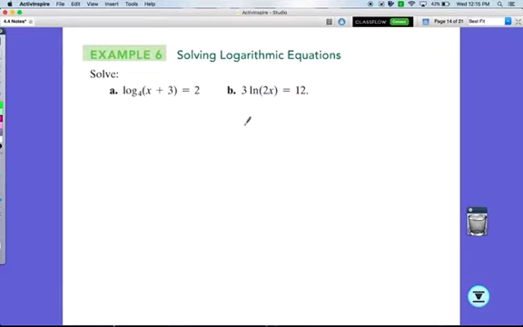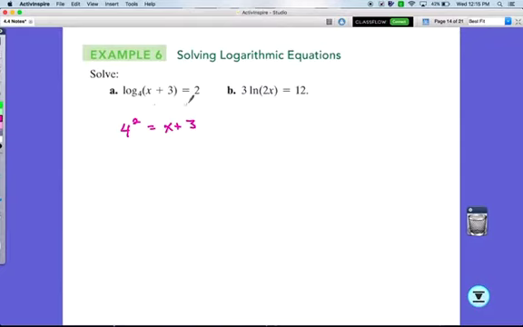All right, so example 6a. All right, since we have a single log is equal to a number, I can rewrite this as the base to the number power over here, the 2, is equal to the argument. This goes back to when we learned about logarithms in section 4.2.